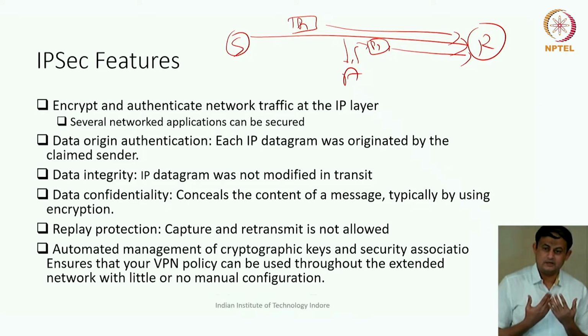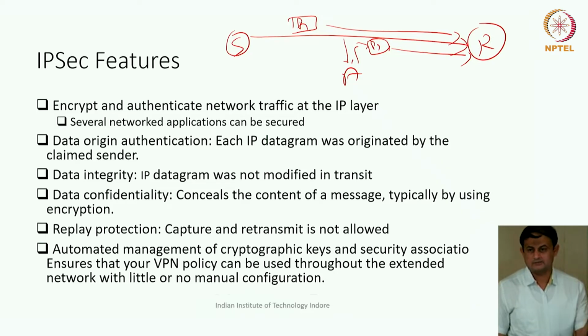The way it operates is, before you actually transmit the data from source to recipient, the two endpoints of the communication need to negotiate and establish some parameters and then subsequently use them. This is more or less similar to what we discussed in TLS and SSL.